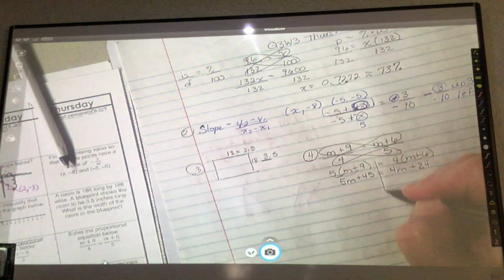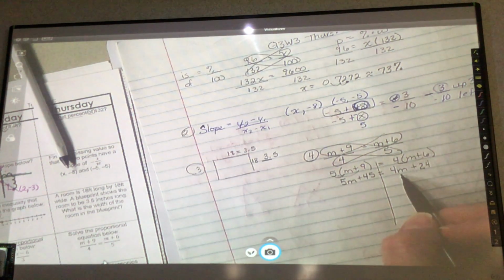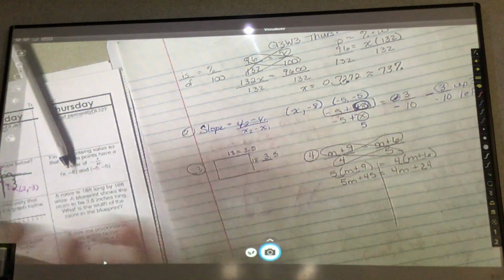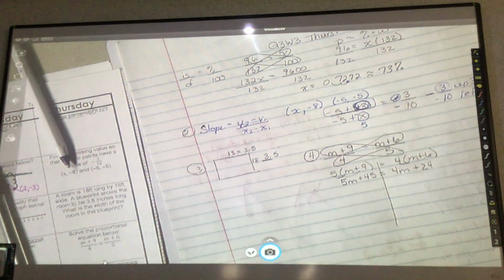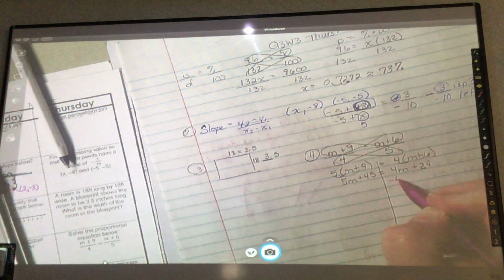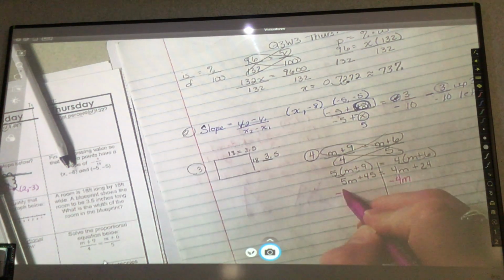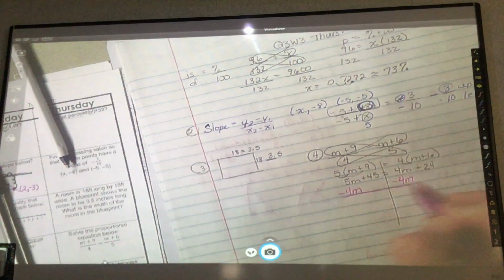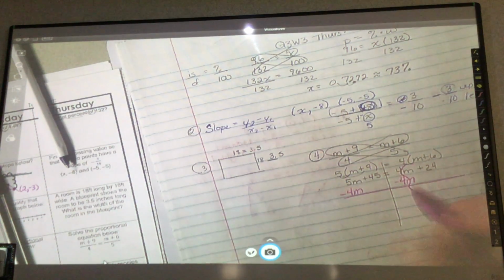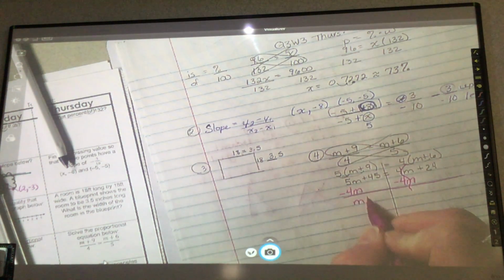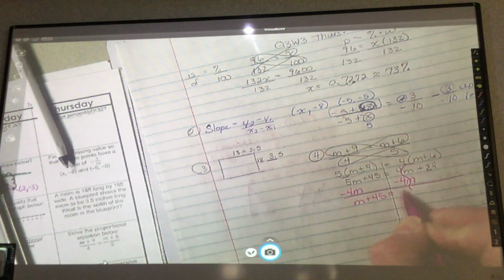Draw my line. I'm going to bring my 4m over. So I'm going to subtract 4m from both sides. These cancel each other out. So I'm left with m plus 45 equals 24.